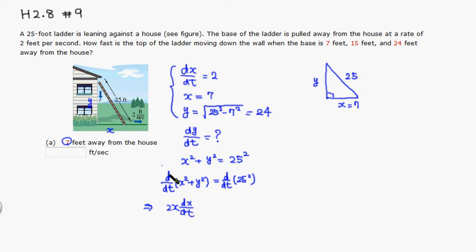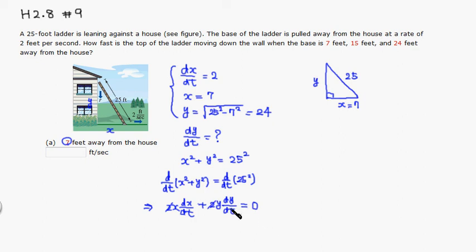If you take the derivative of y squared, you get 2y dy over dt. The right hand side is the derivative of a constant, which is always 0. First we can divide through by 2 because everything has a 2, so I cancel out the 2s, and 0 divided by 2 is still 0.